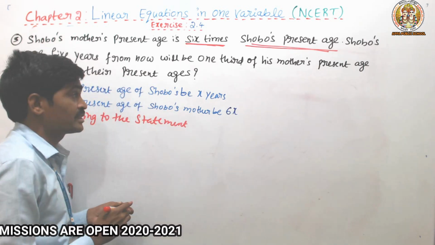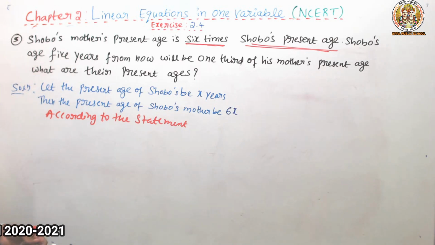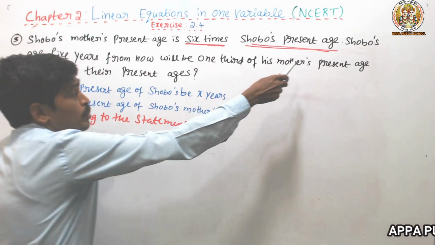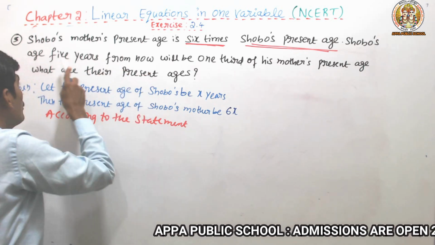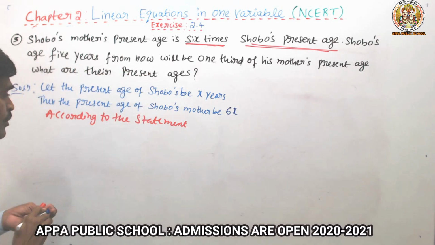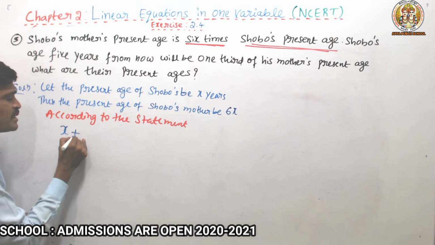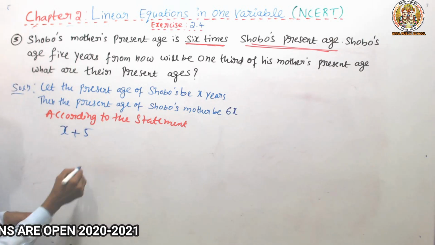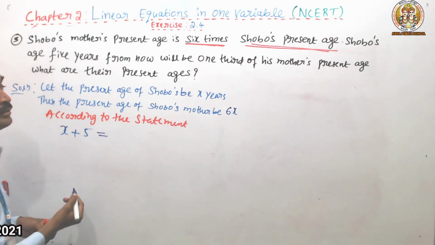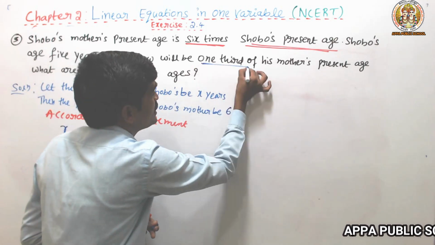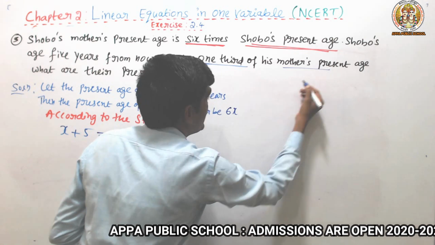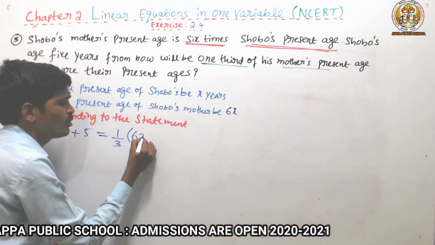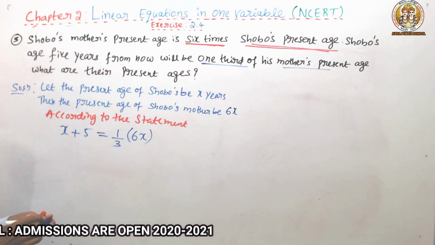Listen carefully, my dear students. So, how to convert a statement into an equation? See, Shobo's age 5 years from now. Then can I write x plus 5? Will be 1/3 of his mother's present age. Mother's present age means, shall we go for 6x? I repeat, my dear students.